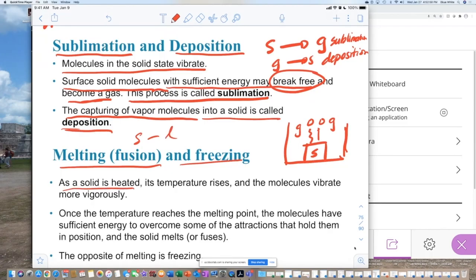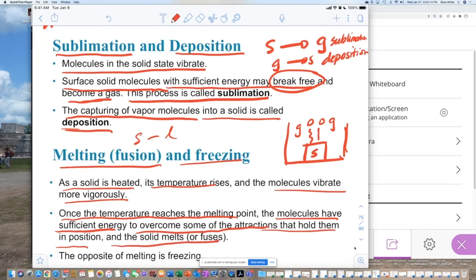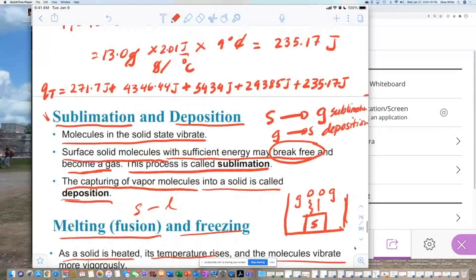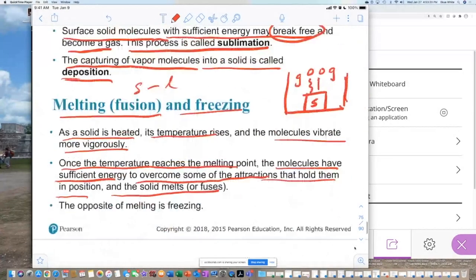Okay, so we're told melting, fusion essentially, is going from solid to liquid, right? As the solid is heated, the temperature rises, the molecules vibrate more vigorously. Once the temperature reaches the melting point, the molecules have enough energy to overcome some of the attractions that hold them in position, and the solid melts. So here, versus the first little paragraph, this second scenario is talking about a solid melting.